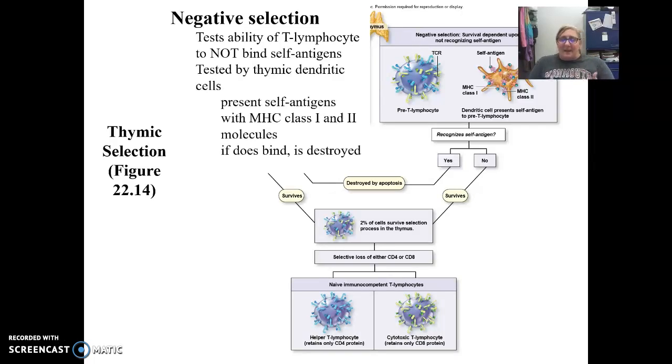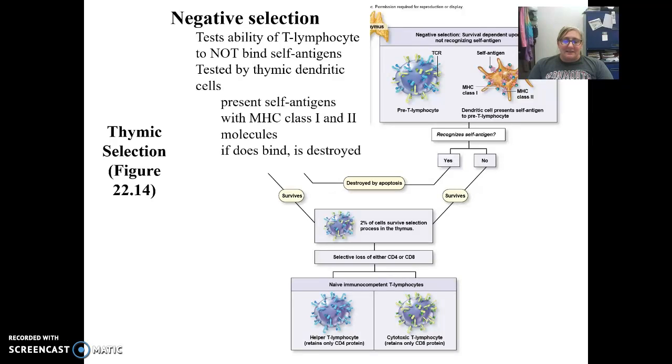If they pass both of these tests, the T lymphocytes that have passed will survive and move on. Any other T lymphocytes that did not pass are going to be killed off.